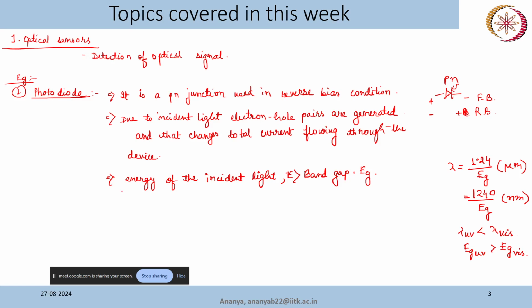Now the current generated due to photogeneration or due to optical energy, that expression is: electric current generated due to photocarriers.